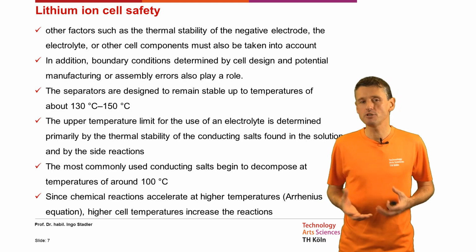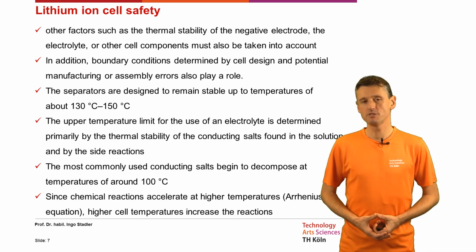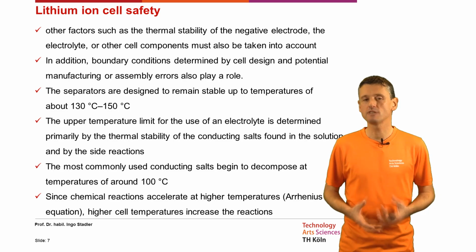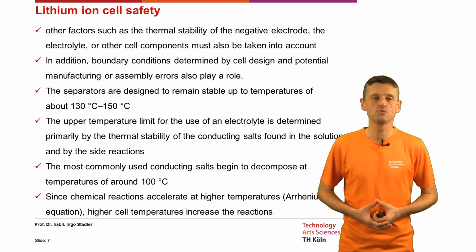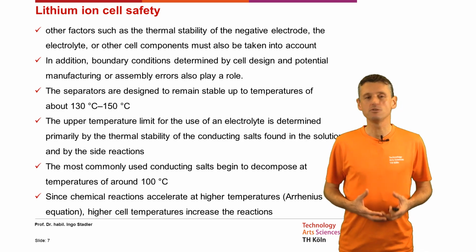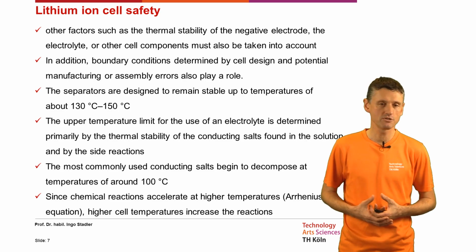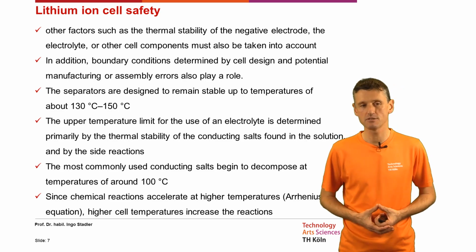The upper temperature limit for the use of an electrolyte is determined primarily by the thermal stability of the conducting salts found in the solution and by the side reactions. The most commonly used conducting salts begin to decompose at temperatures of around 100 degrees Celsius.